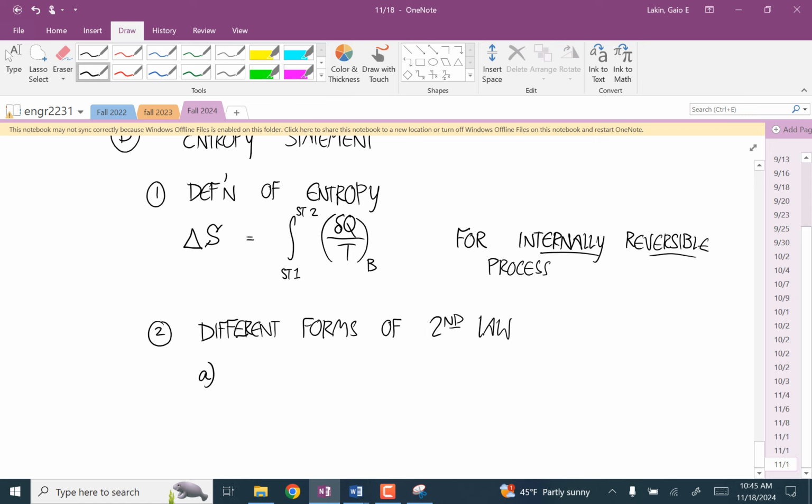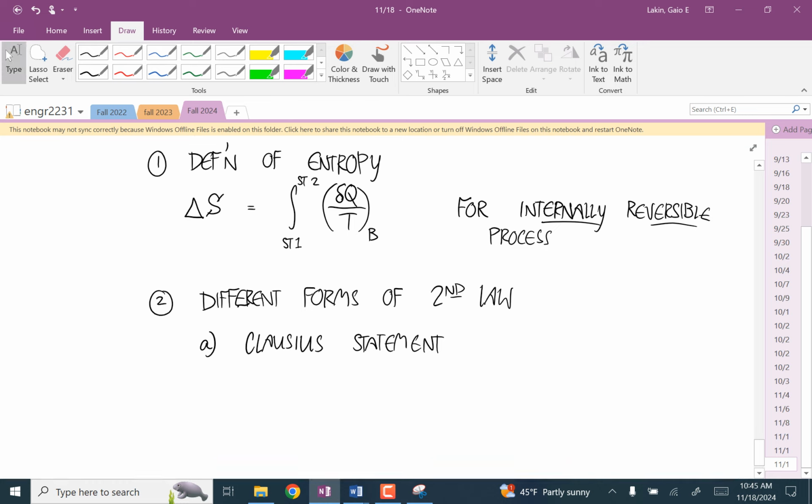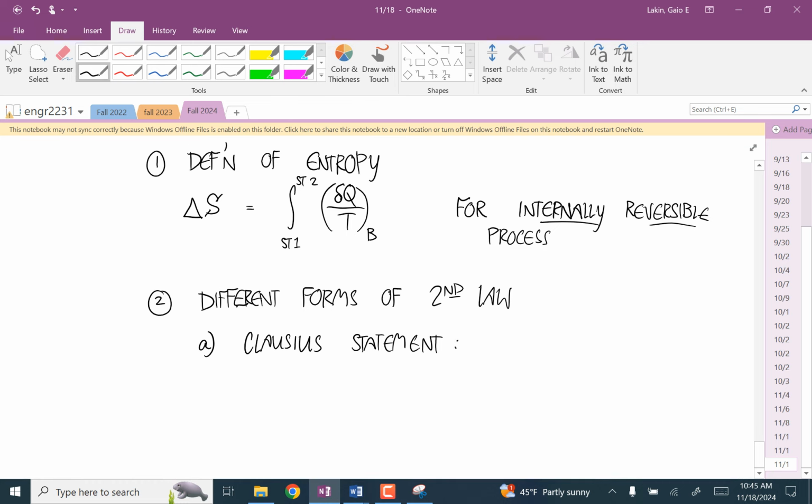The first one, the Clausius statement, you can use as a form of the second law. You have to remember that this is only for cycles, though. So if an entropy question says something about a cycle, then there's a possibility that you're going to use this.